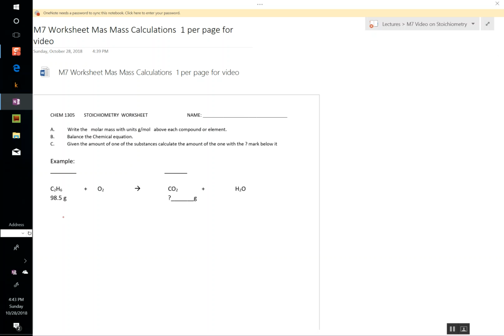There's the chemical equation, and to balance a chemical equation, you usually need to be given the actual reaction that's going on here, and this is the reaction that's going on. The reactants are on the left, the products are on the right, and with these hydrocarbons, like C6H6, C2H6 is a hydrocarbon, I have suggested you do them in the order of carbon first, hydrogen second, and the oxygen last.